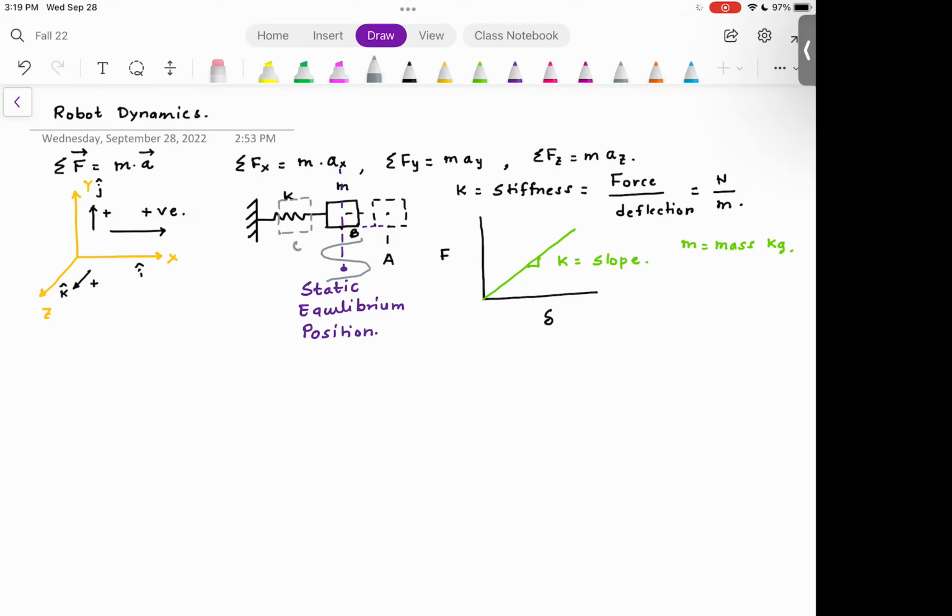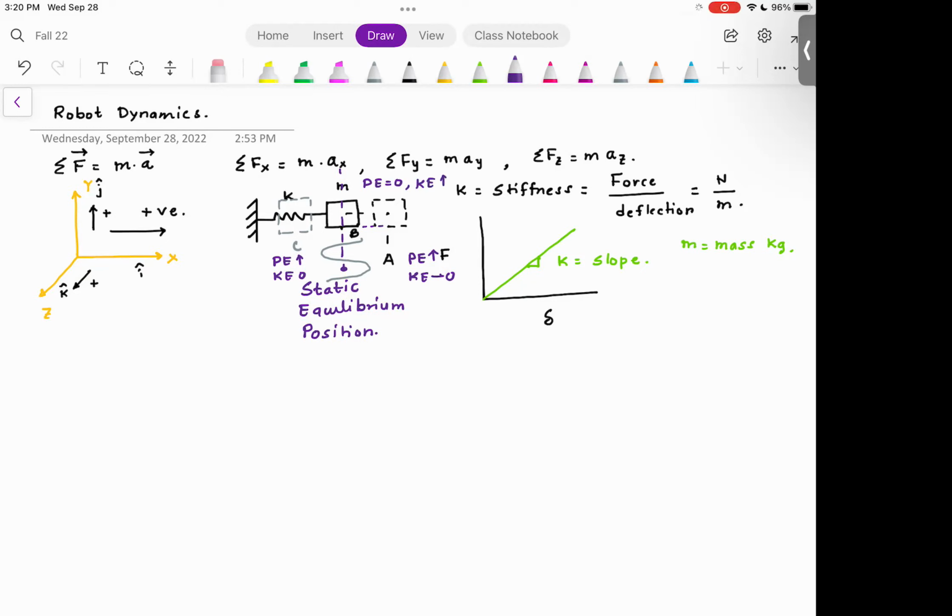So we have these locations where potential energy is maximum and kinetic energy is 0, and at point B, potential energy is 0 and kinetic energy is maximum. Do you agree with me?